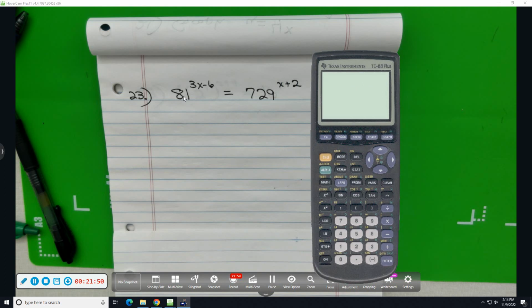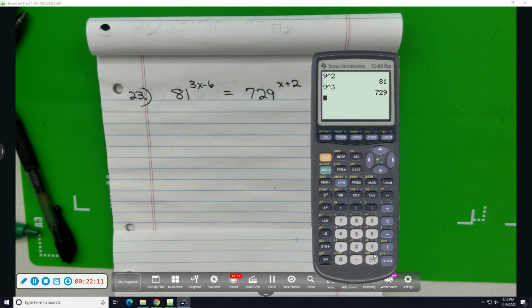I said 81. When I think of 81, I think of 9 squared. 9 squared, we know that that's equal to 81. I wonder if we could write 729 as a power of 9. Maybe 9 cubed, 9 times 9 times 9. Sure enough, that's 729.